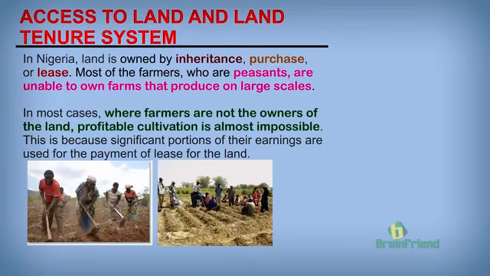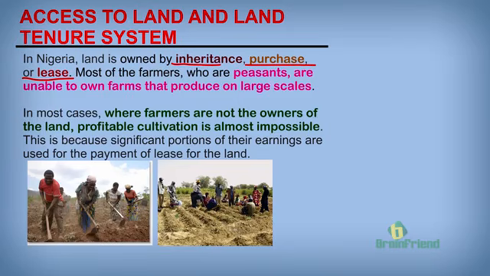Now, why is land a problem to agricultural development? It's a problem because the land tenure system practiced in Nigeria says land is owned either by inheritance, purchase, or lease. And in most cases, these farmers are peasants. They are unable to pay the huge amount required for the purchase or lease of land.